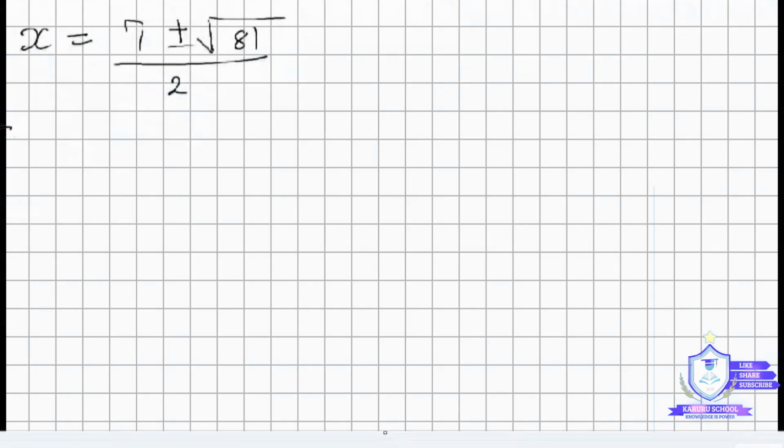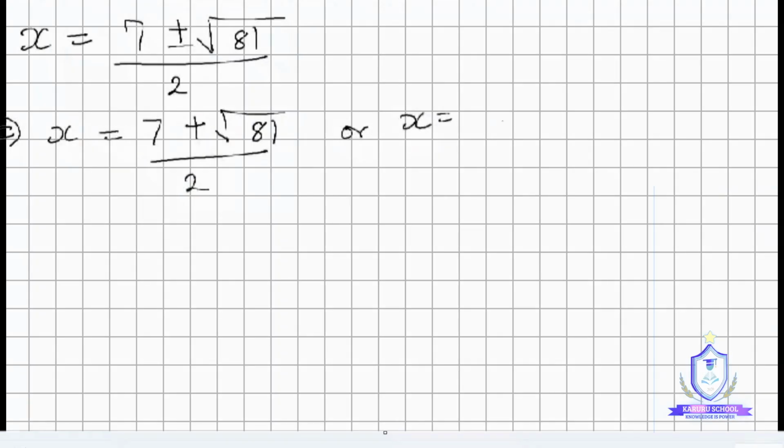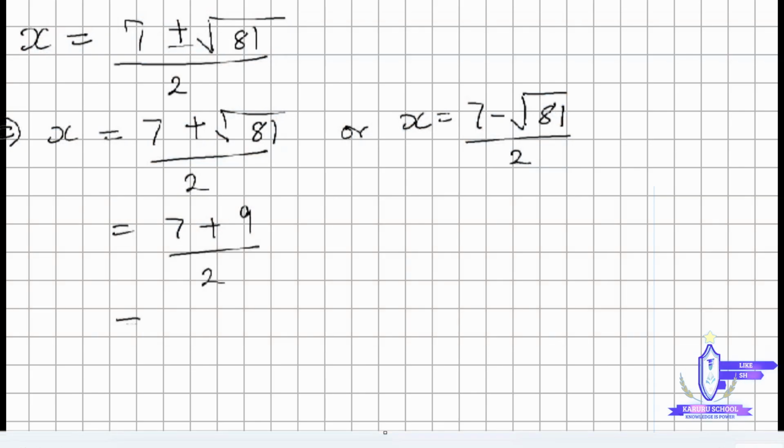So this one would be 7 plus the square root of 81, which is 9, divided by 2, which is 7 plus 9 is 16 divided by 2, which gives us 8 centimeters.